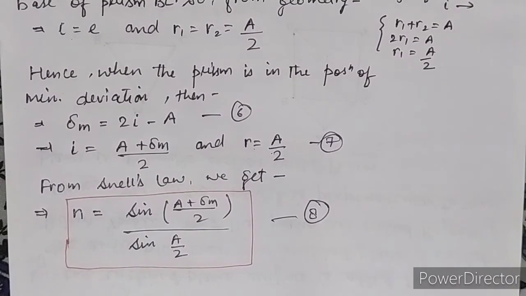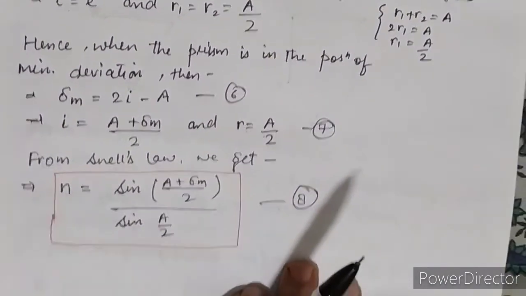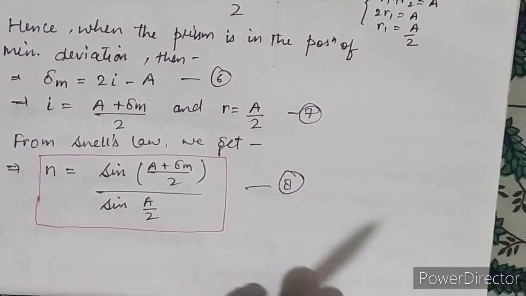Practically we use this relation to find the refractive index of the material of the prism. And for a small prism angle we have just taken all these values as theta only.